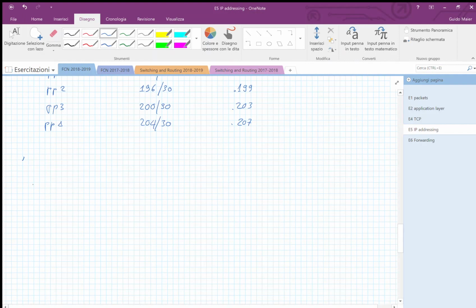So here we have the internet. Here we have the first router that is external. Then we have R1. These interfaces were already given, so we don't have to assign them. Then here we have R2, and this is the first subnet.